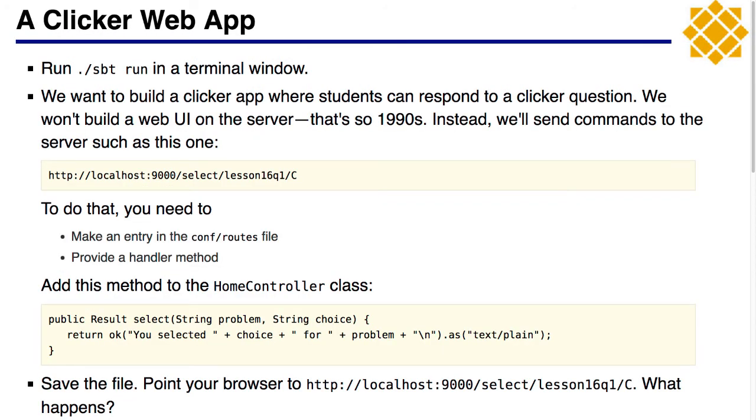So go ahead and run this thing, and then you're going to be building an app that one could use to do those clicker problems that we sometimes do, right? So I say, this is clicker question 1, give me your choice for A, B, C, or D. And in the olden days, of course, you would have done a web user interface, right?